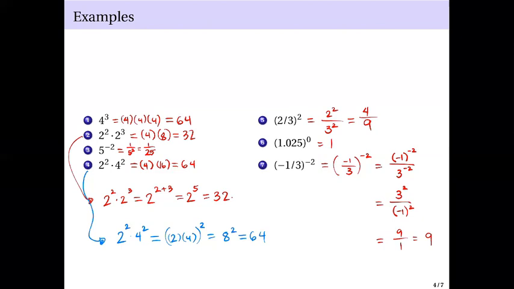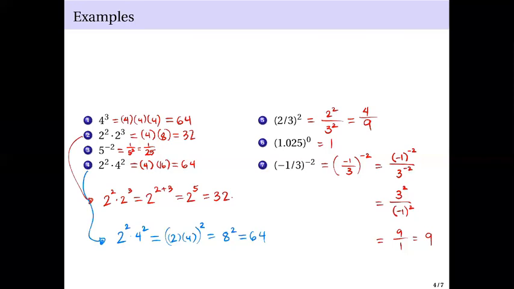Okay? So again, when you have negative exponents and you want the exponent to be positive, you bring it to the other side of this horizontal bar here. If the number was in the numerator, you bring it down to the denominator and change the sign of the exponent.